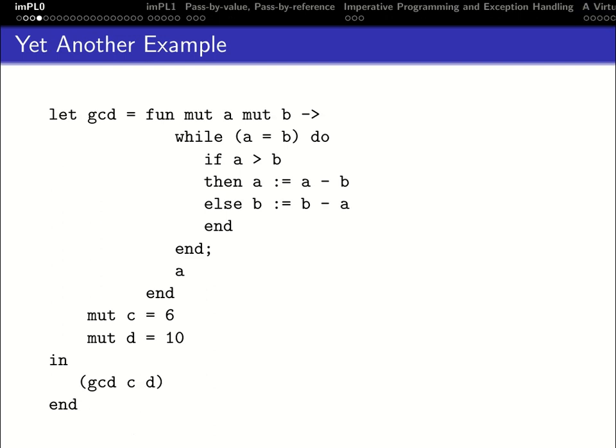This computes the greatest common divisor. It's the most basic algorithm for that. Okay. So again, we're using mutation inside a function, and we're also using a while loop here, as we did before.